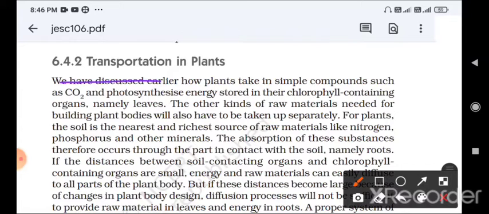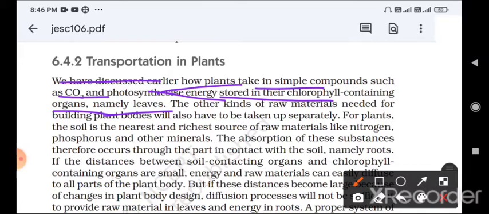We have discussed earlier how plants take in simple compounds such as carbon dioxide, and through photosynthesis, energy is stored in their chlorophyll-containing organs, namely leaves. We already studied in respiration that some organisms are autotrophic and some are heterotrophic.